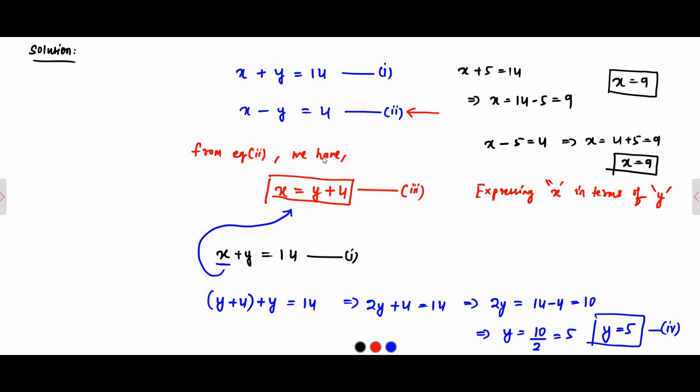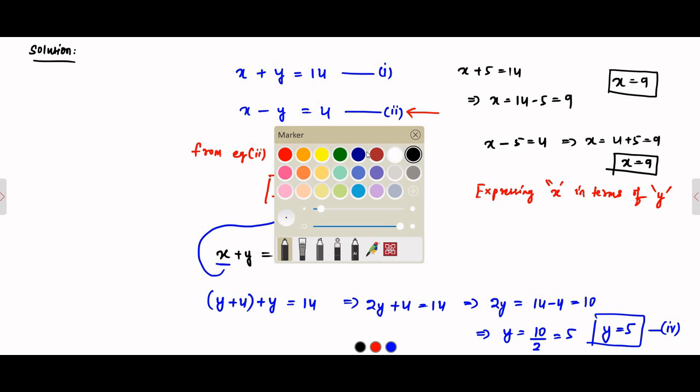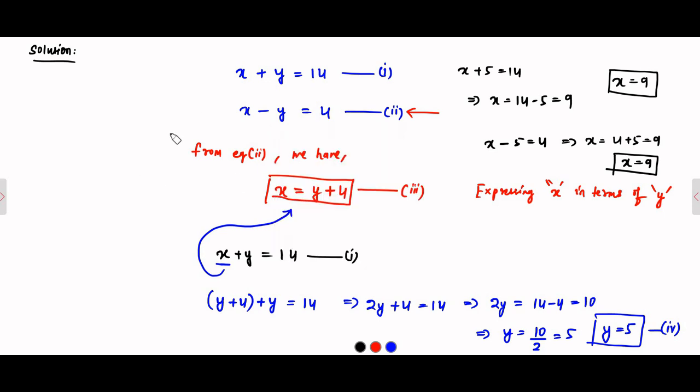Now suppose in place of doing x is equal to y plus 4 from equation 2, you used equation 1. So let's say you used equation 1, that is from equation 1 we use the relationship x is equal to 14 minus y.